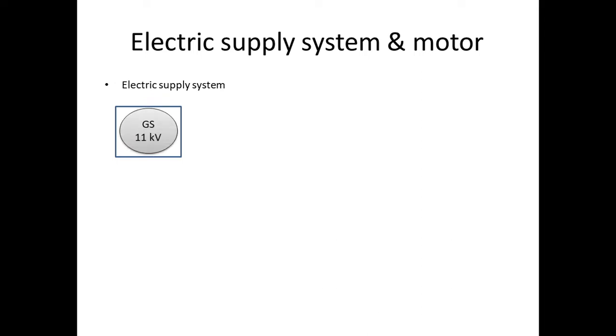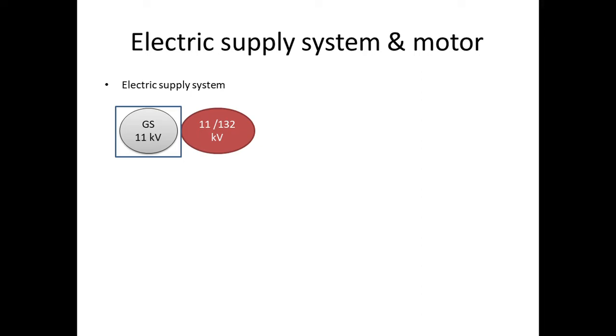This is the GS, the generation station. Here electricity is generated with the help of an alternator, at around 11 kV. kV stands for kilovolt. Then with the help of a transformer we convert this 11 kV into 132 kV.